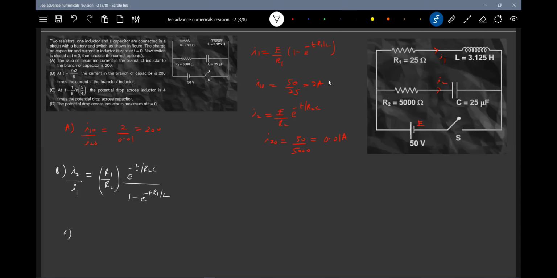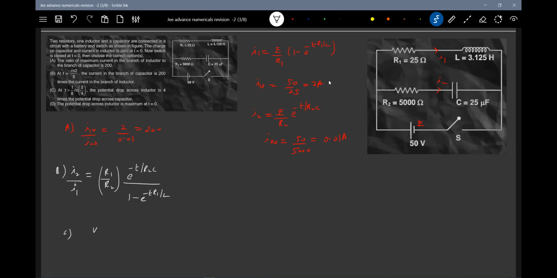Option D: the potential drop across the inductor is 4 times the potential drop across the capacitor. Potential drop across the inductor will become L di by dt. Differentiating this, okay, we'll do one thing.